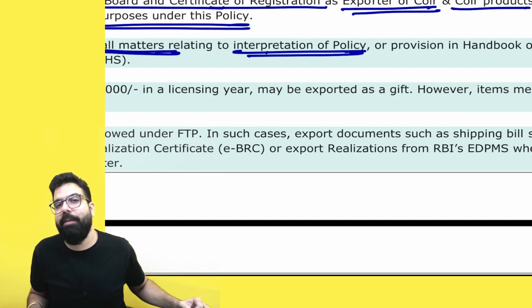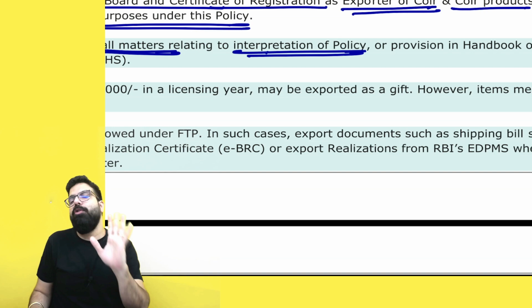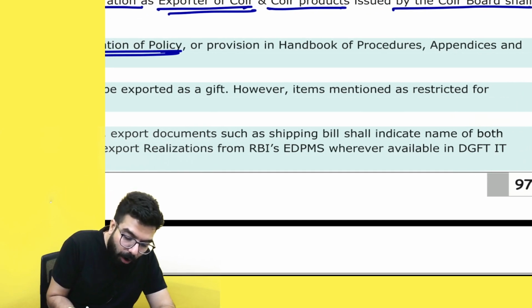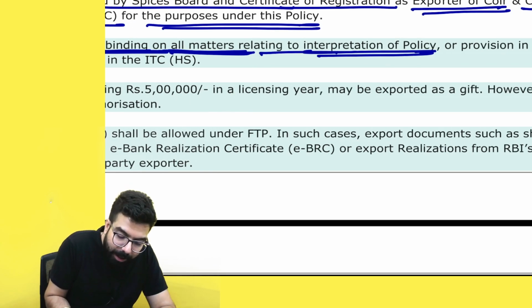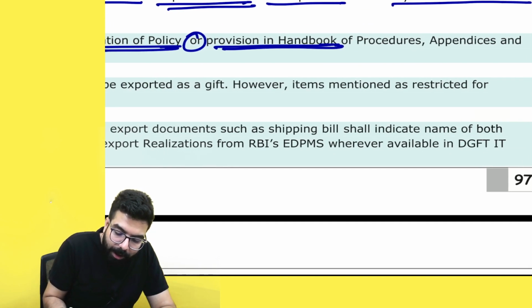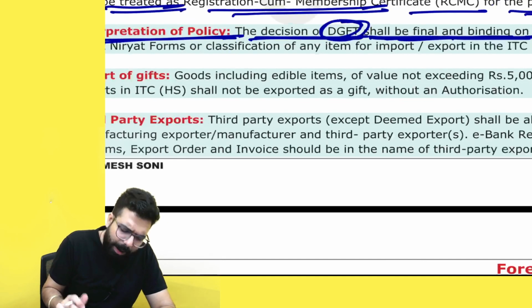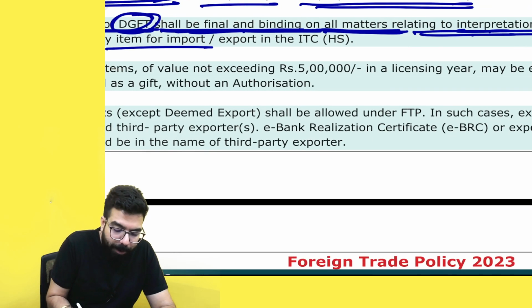Whenever an interpretation of foreign trade policy has to be done, the decision always has to be given by the DGFT. So basically they are telling the decision of the DGFT shall be final and binding on all matters relating to interpretation of policy or the provision of handbook of procedure, appendices, Aayat Niryat form, classification of any item of import and export.